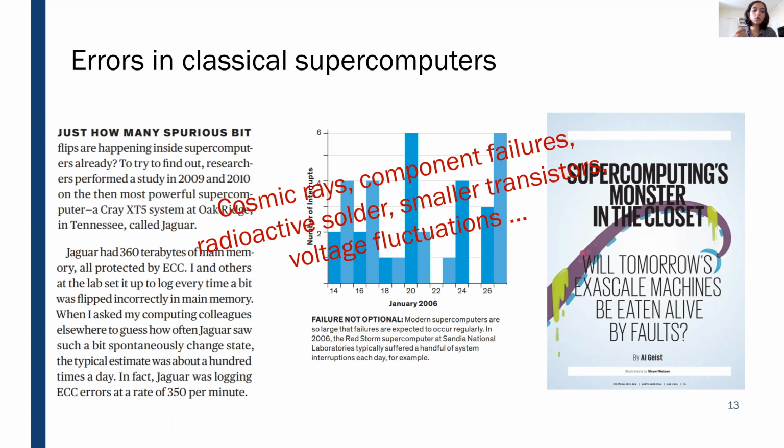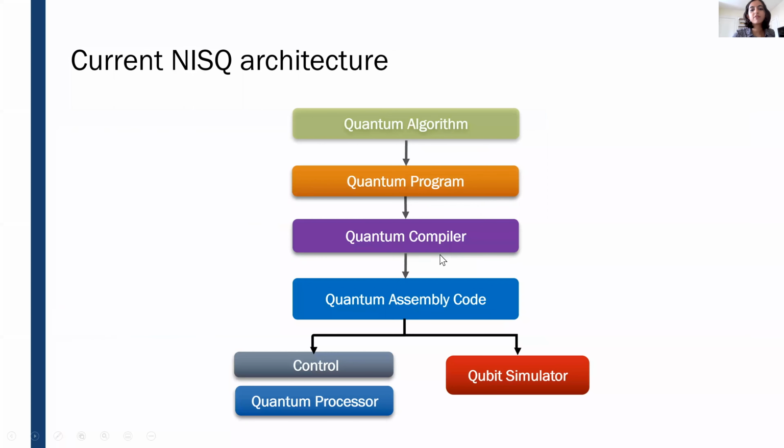So in some sense, for the next generation of computing, whether it's classical or quantum, algorithm design has to take some tolerance to errors into mind. Any questions on this? If not, let's move on.